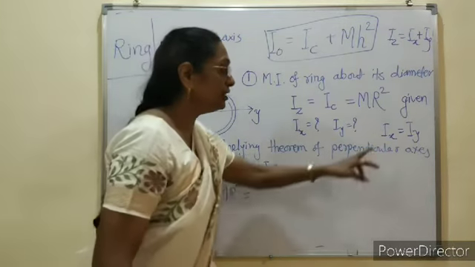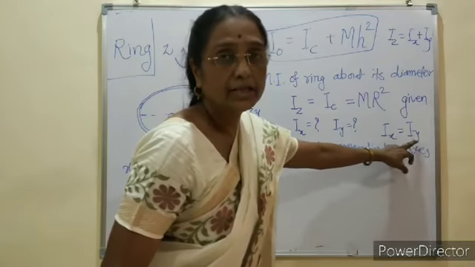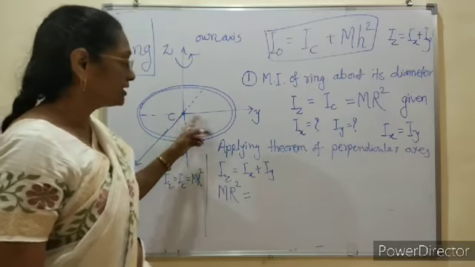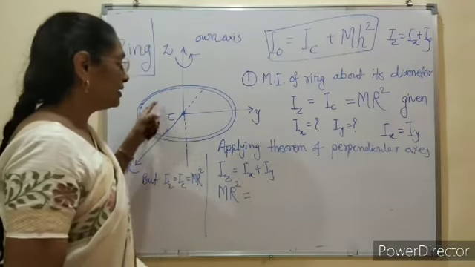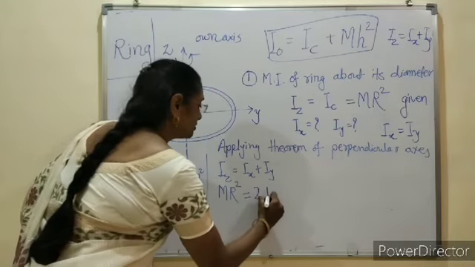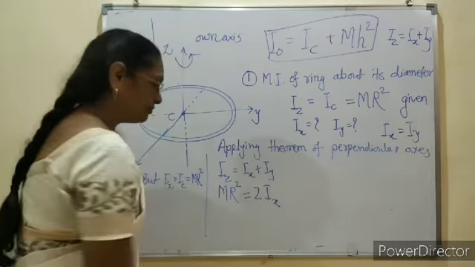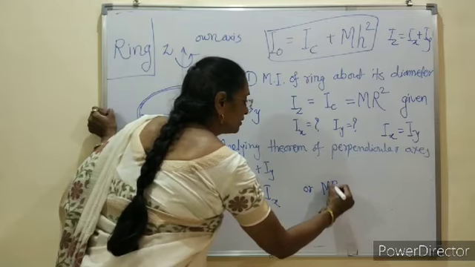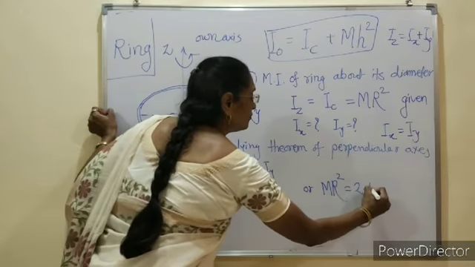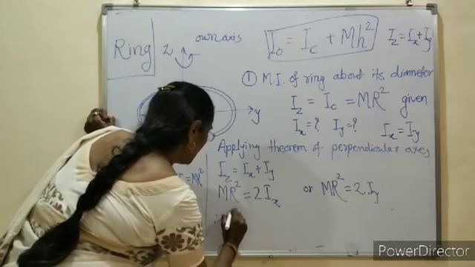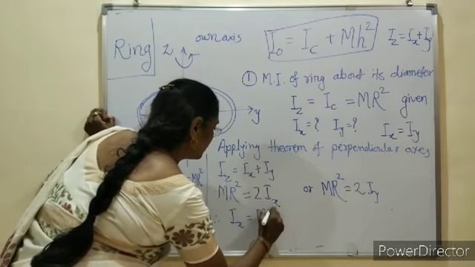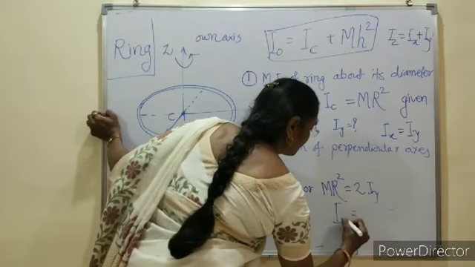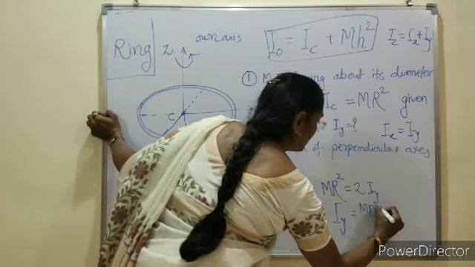And one thing we have noted is that Ix is equal to Iy by symmetry of the figure, because the x and y axes are mutually perpendicular, and in the plane of the ring we can write mr square is equal to twice Ix, or mr square is equal to twice Iy. So Ix is equal to mr square upon 2, and Iy is equal to mr square by 2.